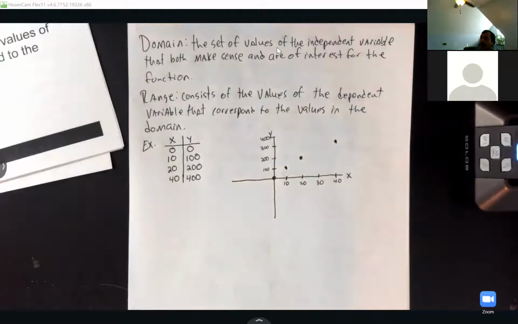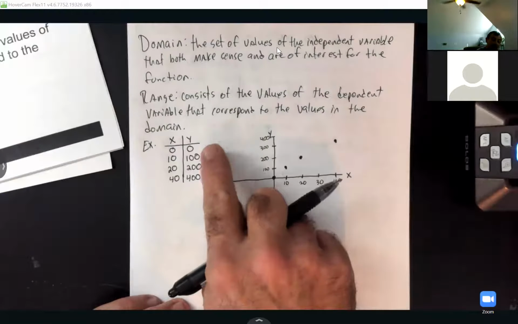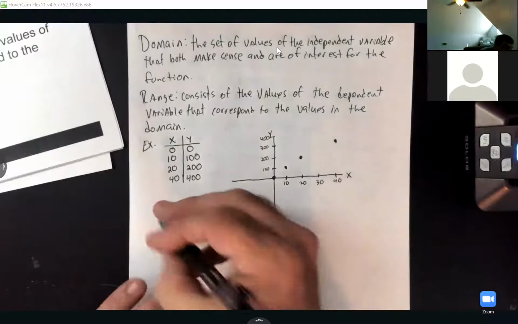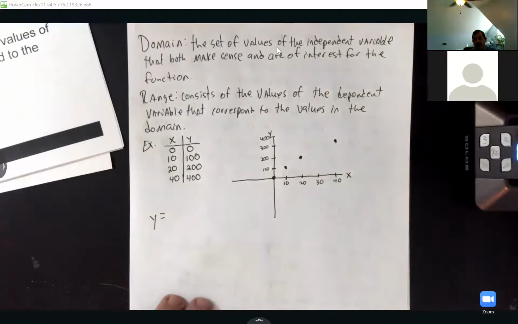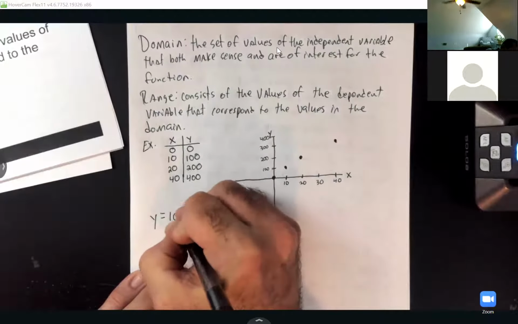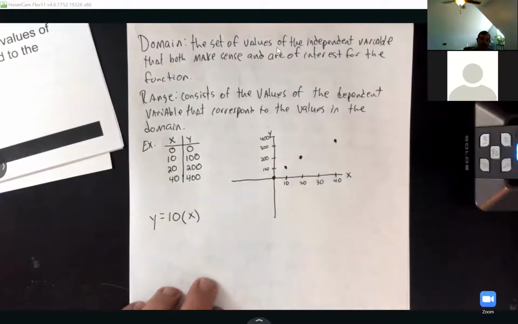And remember, the third way was to represent it by a function. Okay. So we know that I said we made $10 an hour. And to figure out your paycheck, you take the number of hours you worked and multiply by your pay. So we get paid $10 an hour times how many hours we work.